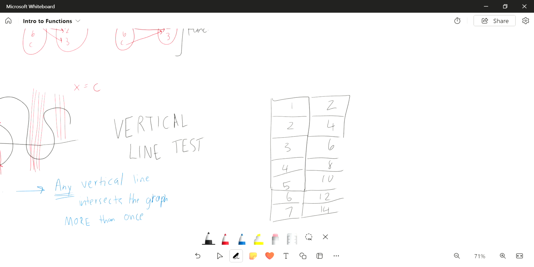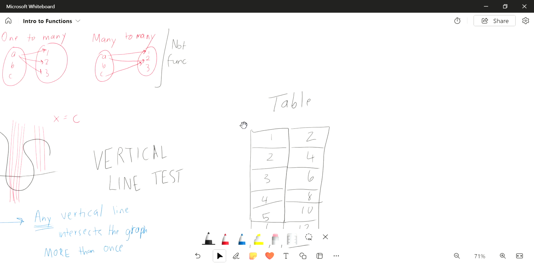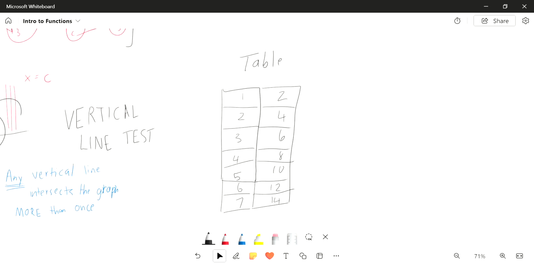And I apologize for my table. So in this case, you would treat this the same way as you would with one of those maps above. It doesn't work differently. So in this case, 1 goes to 2. Like, if x is 1, that means y is 2. If x is 2, that means y is 4. If x is 3, that means y is 6. This seems like a one-to-one.